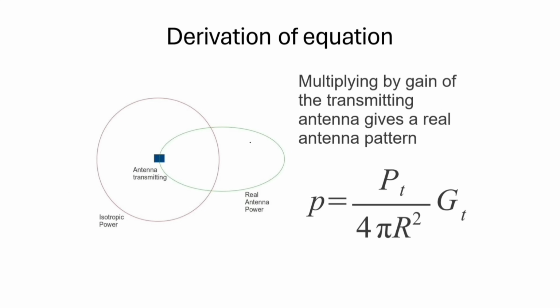But a real antenna is highly directional and radiates power in one direction. That's why it has a quantity GT, the transmitting antenna gain, depending on the maximum power radiated in a direction. So the real antenna power density is equal to PT divided by 4 pi R square into GT.